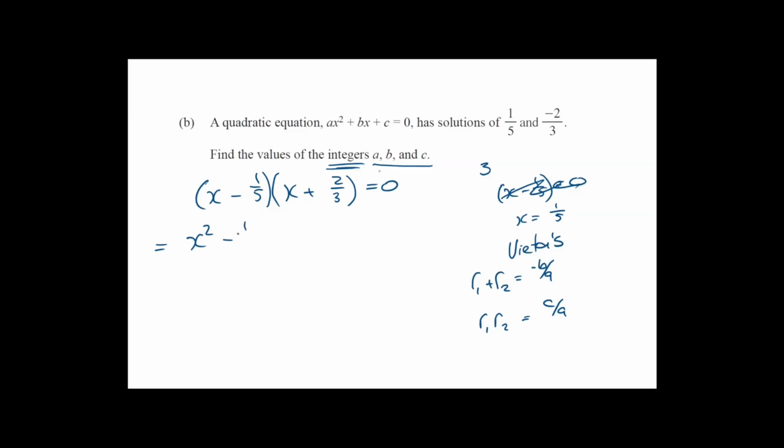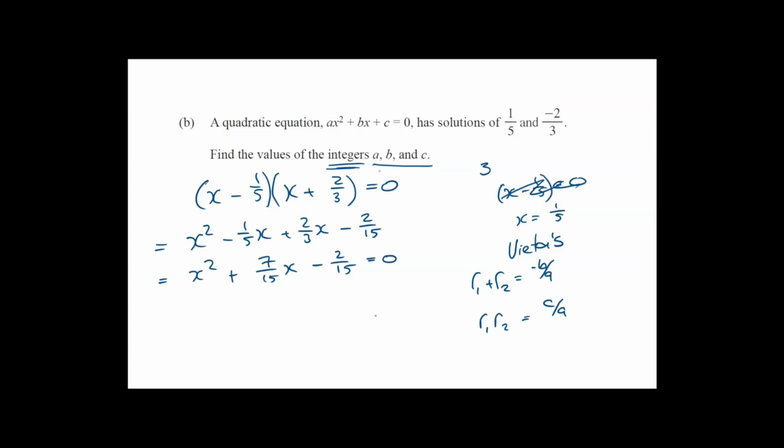We get negative 1/5 x plus 2/3 x minus 2 over 15. I won't take you through the mechanics of adding and subtracting fractions. I'm presuming you know how to do that. So x squared plus 7 over 15 x minus 2 over 15 equals 0.